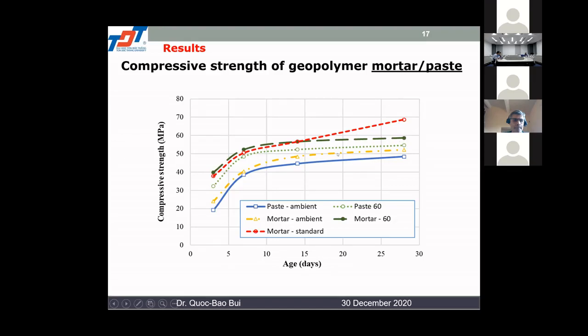Here we have between 50 to 70 megapascal. So we can say that the lower compressive strength of the GRAC, the concrete, is due to the low quality of the recycled aggregate.